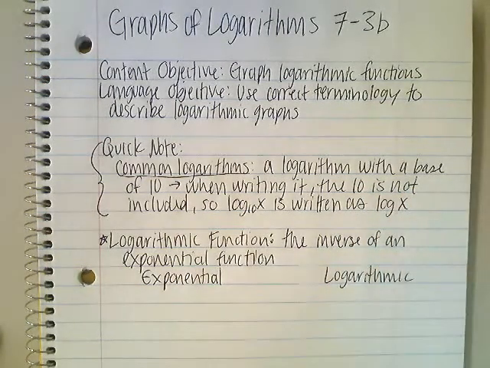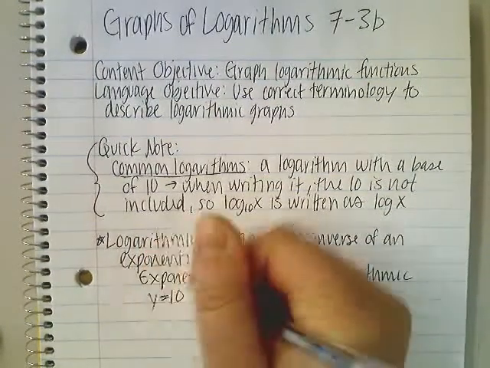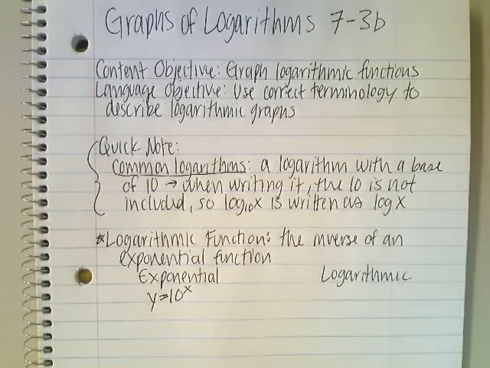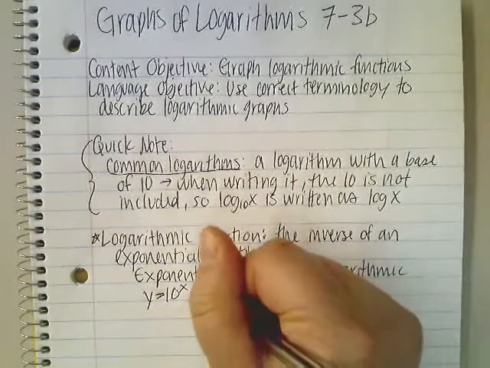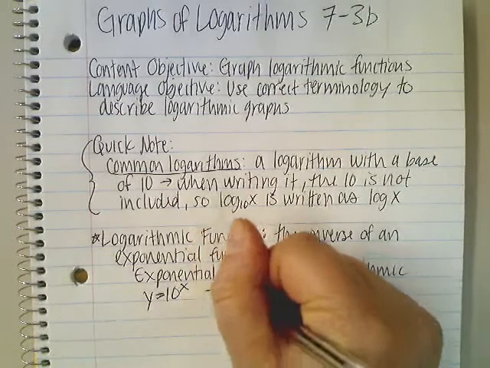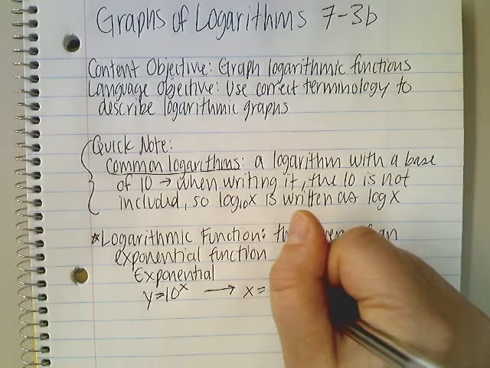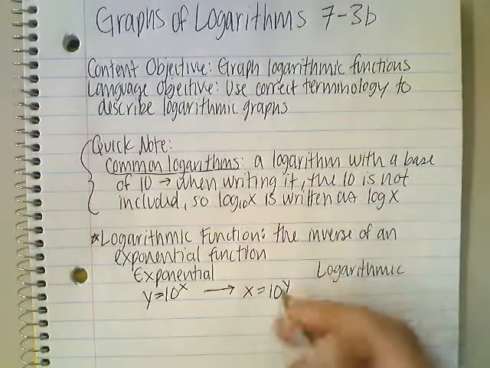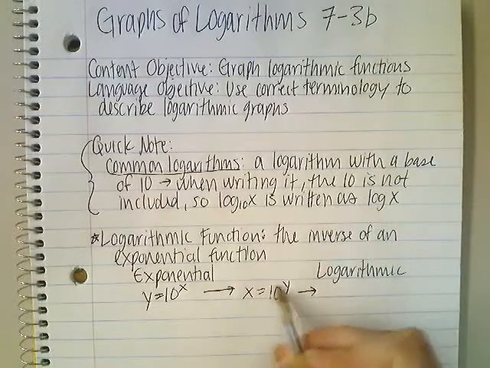So the first thing is, if we start with an exponential function, we'll use base 10, so we're using our common log. If I have y equals 10 to the x, I know for inverse functions, you switch the x and y. So what I would do here to start is I'd write x equals 10 to the y. And then I know I can rewrite this in logarithmic form. So my base would be 10.